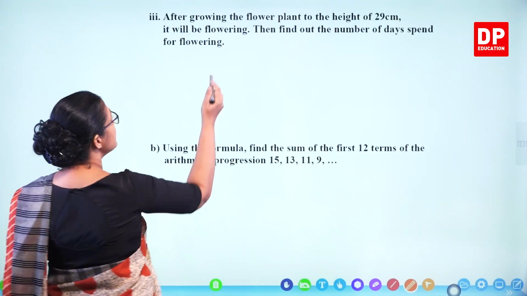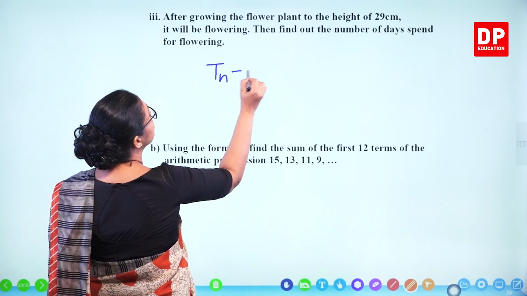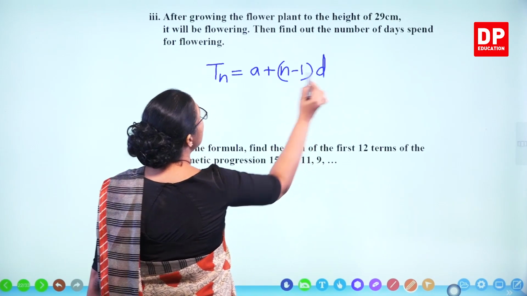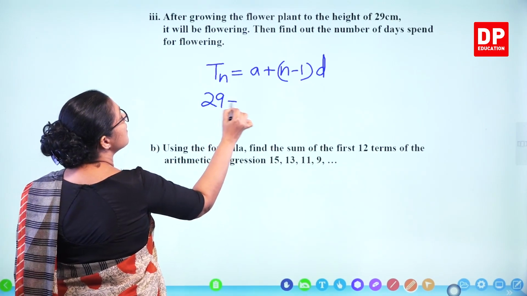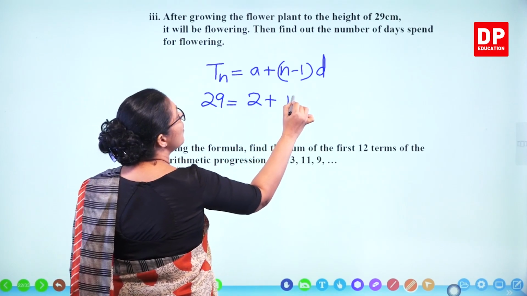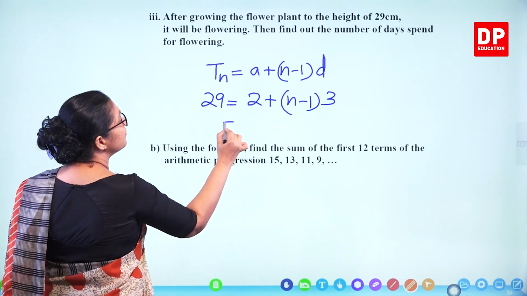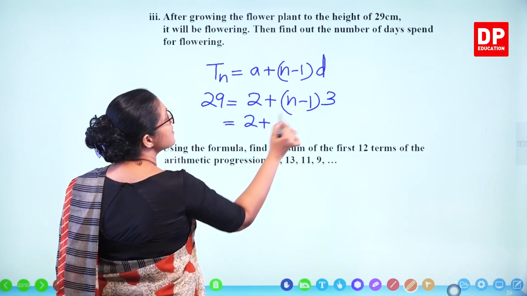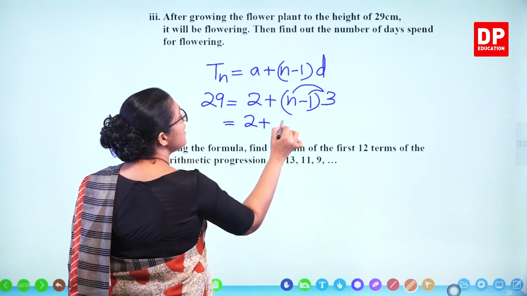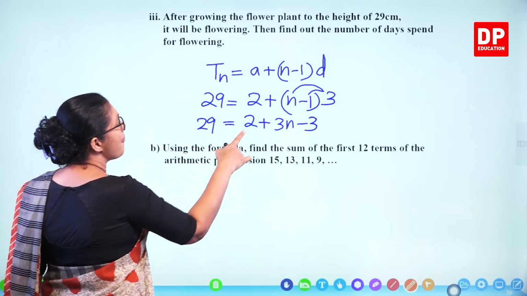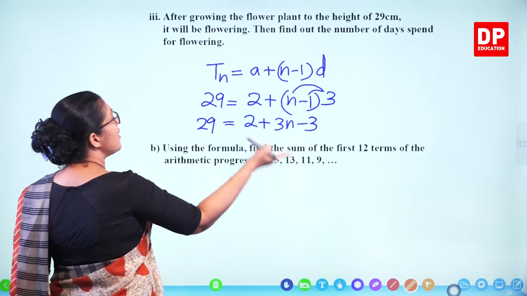So that means you are asking, the nth term is given 29. First term is 2. And you need to find out what is n. Difference is 3. So 2 plus n minus 1 multiplied by 3. 3n minus 3 is 29. 2 minus 3 is minus 1.